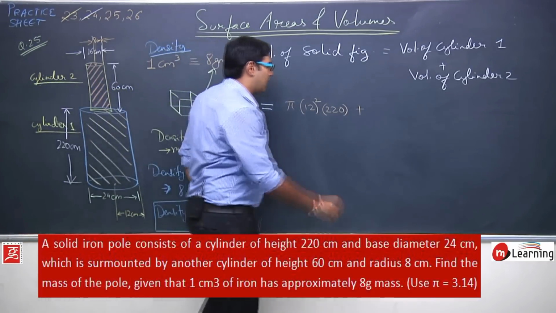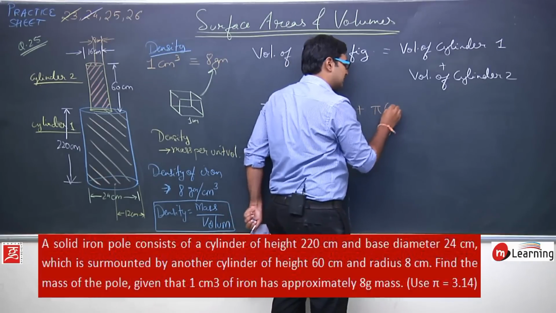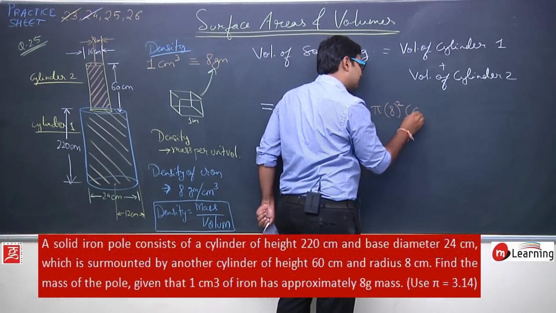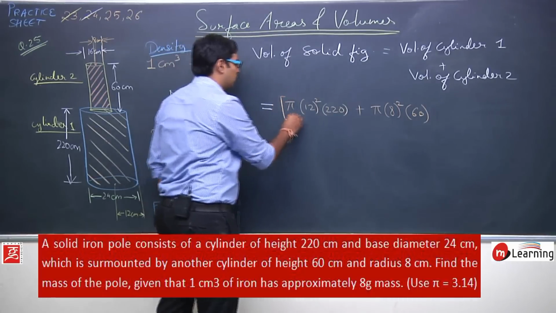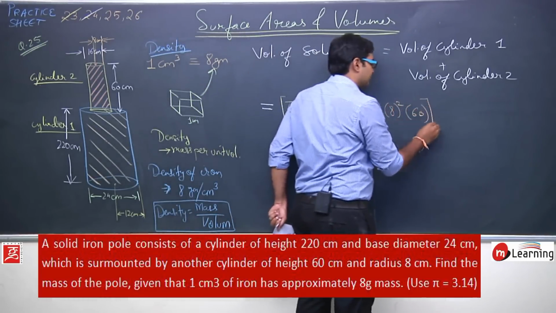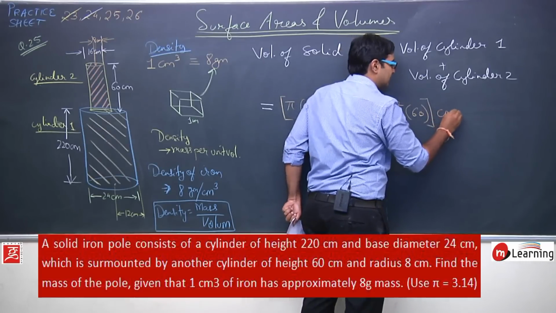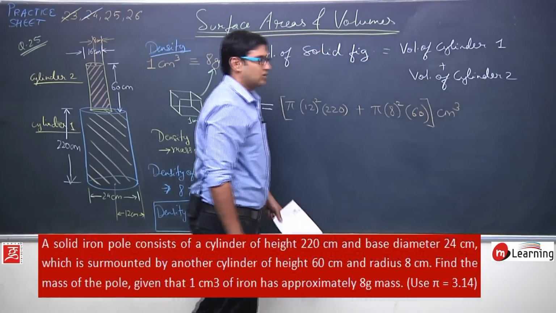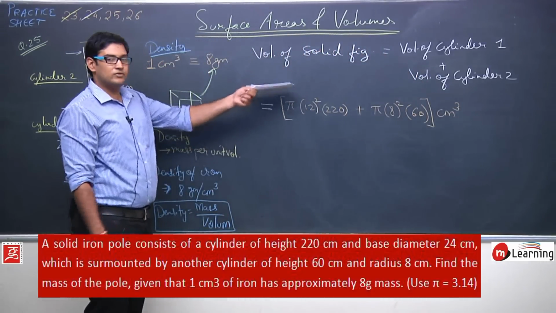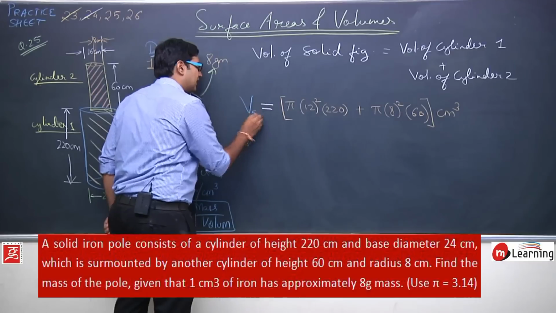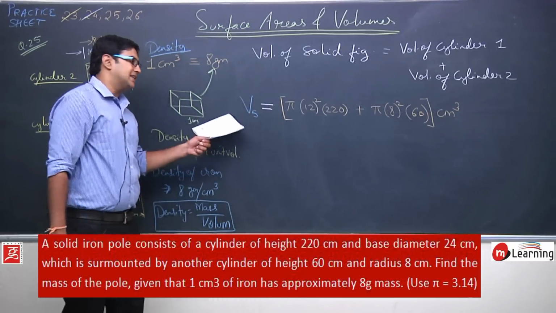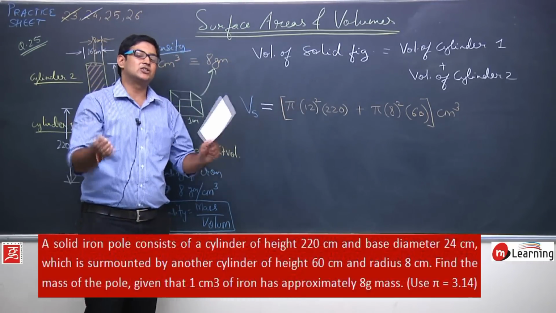So the volume will be pi r square is 8 square into 60 centimeters. Okay, so this is the volume of this cylinder in centimeter cube, of this solid figure. Let us name this volume as Vs. Vs represents the volume of this complete solid figure.